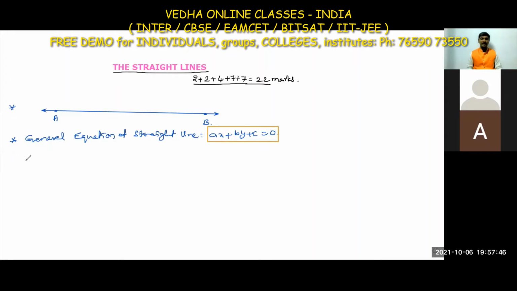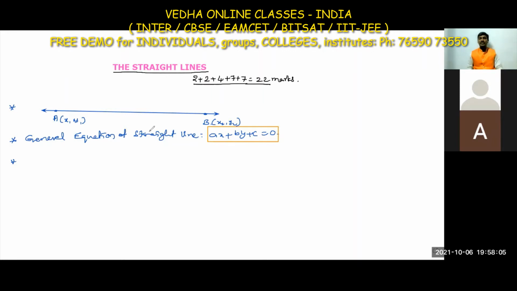Very good. And we have a few formulas here. For example, x1, y1 is a point here, and B is another point, that is x2, y2. When we know the 2 points, what is the formula for finding the slope? What is slope?